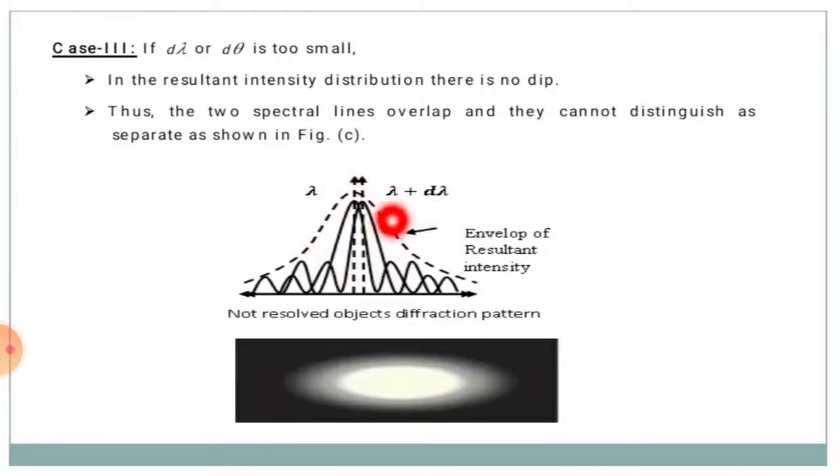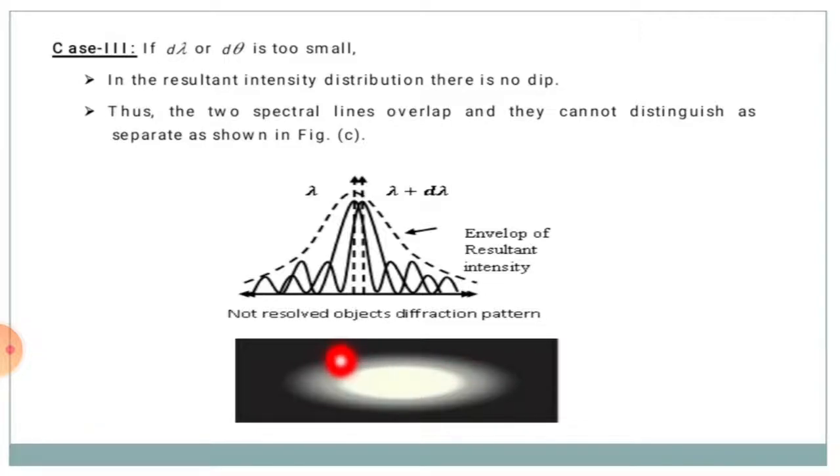Here, the central maxima of the two spectral lines are overlapping with each other, hence there is no dip at the middle of the resultant intensity distribution curve. Here, the two spectral lines cannot be seen as separate. The two spectral lines are not in resolving condition in this case.